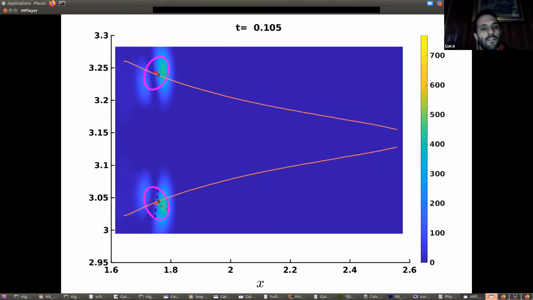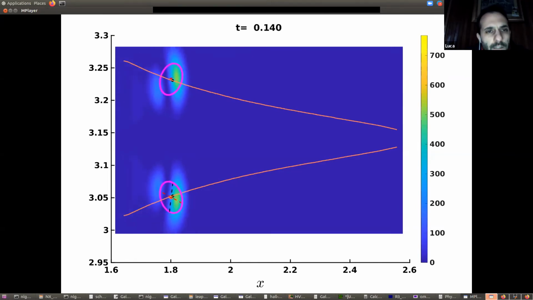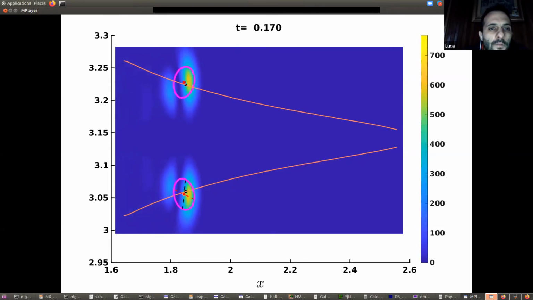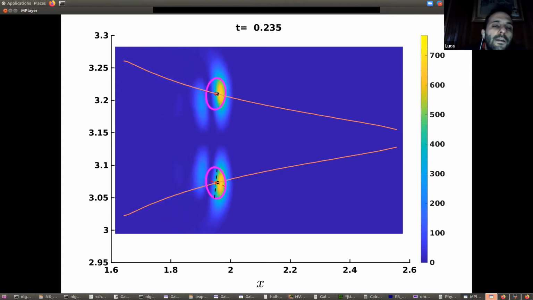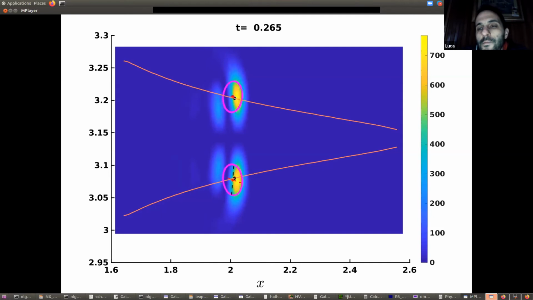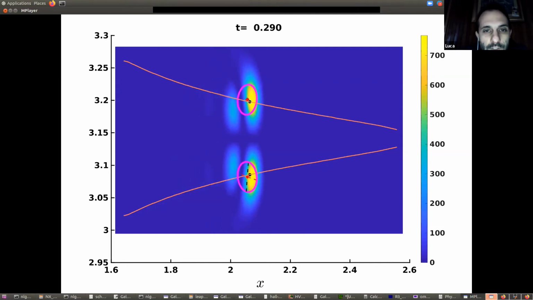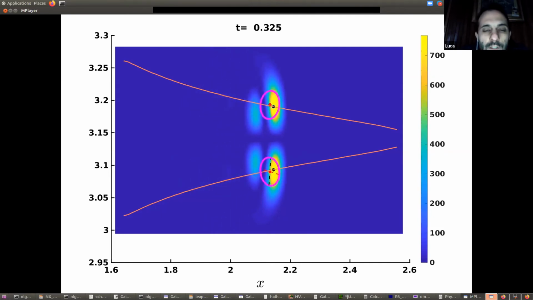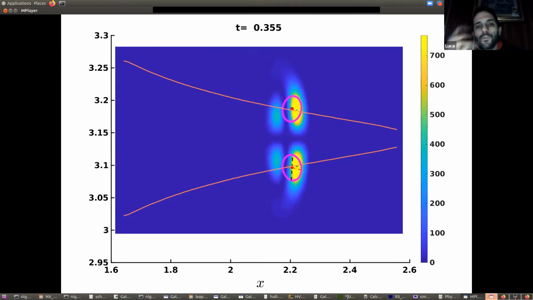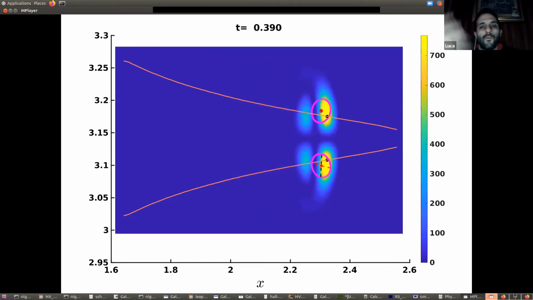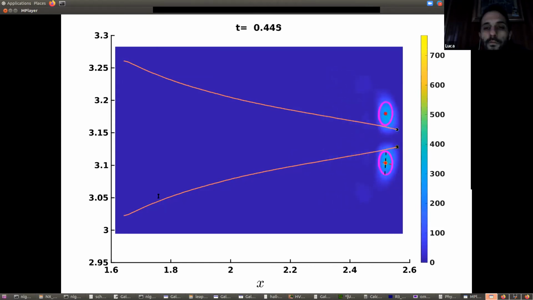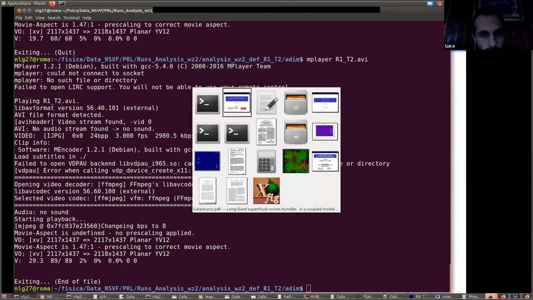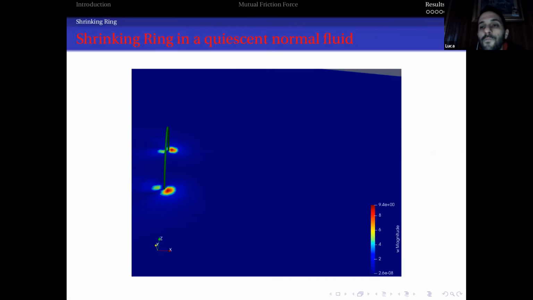You see that a normal fluid ring develops both in front and behind, and this is the magnitude of the squared vorticity. It is also possible to do some measurements, for example, to measure the size and the circulation of the normal fluid around this vorticity structure.